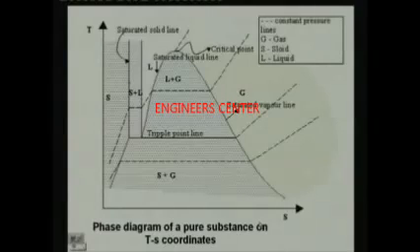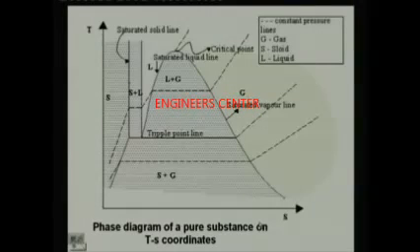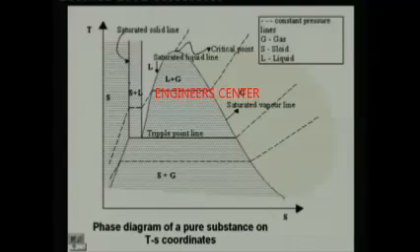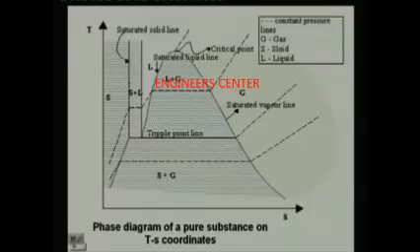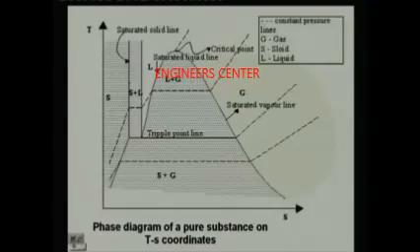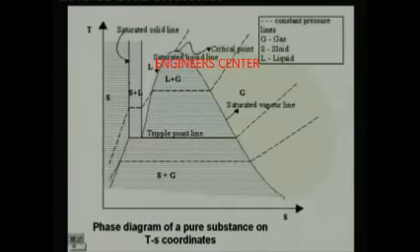Again, you can see the solid region, gaseous region and liquid region. And you can also see the solid plus liquid two-phase region, the liquid plus gas region, and the solid plus gas region. And you can also see the saturated liquid line and saturated vapor line, and the critical point and the triple point.